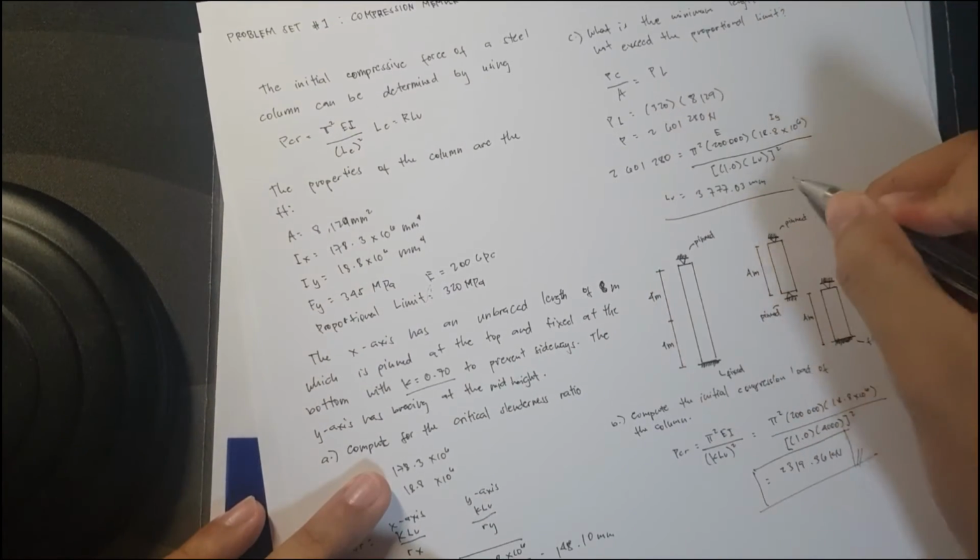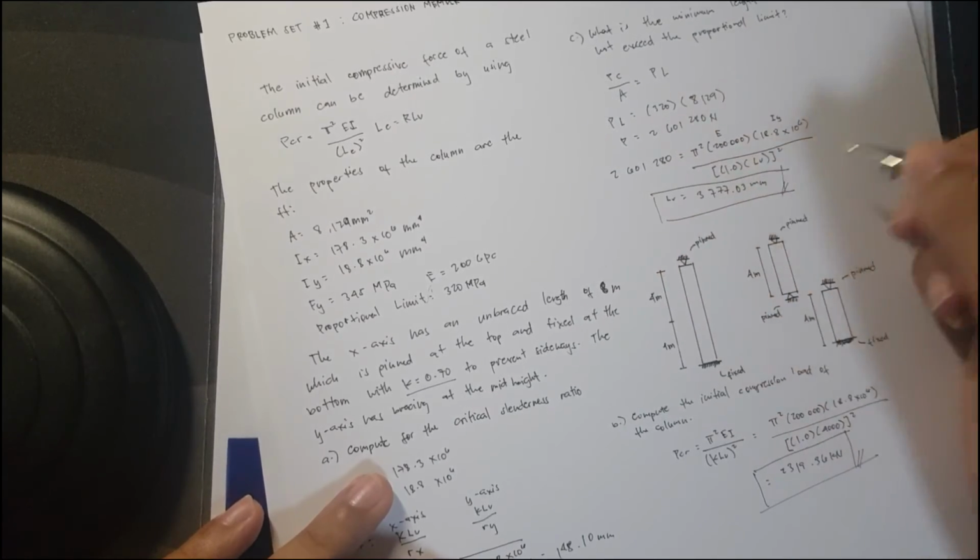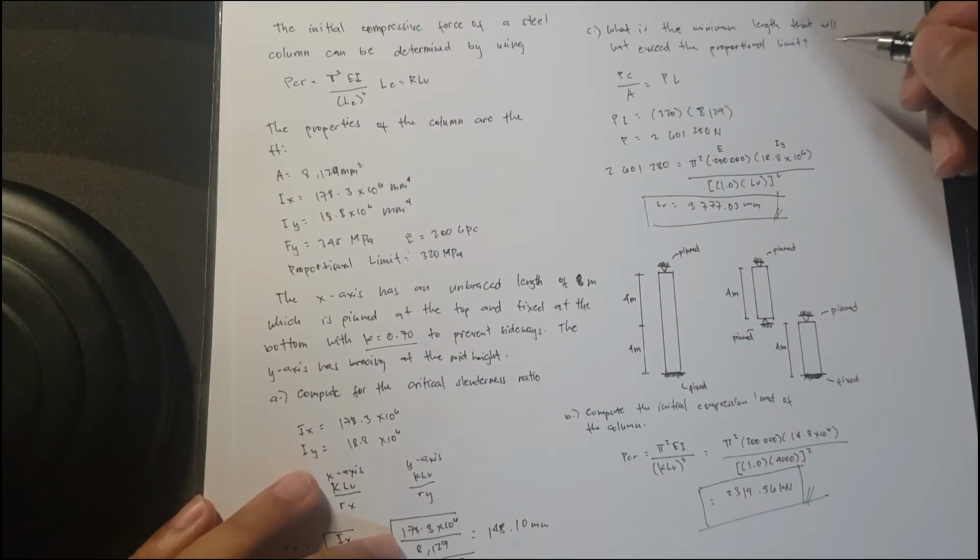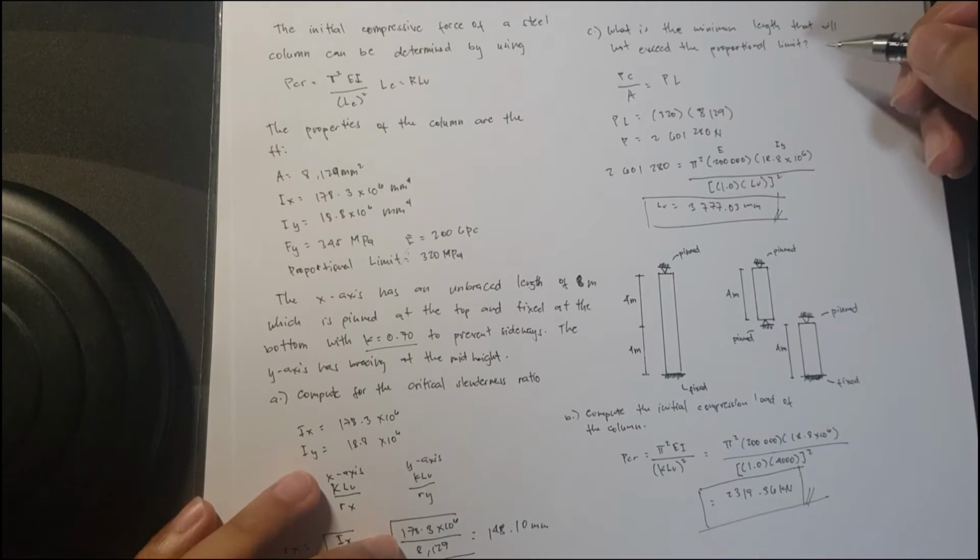So ito na yung sagot natin sa C, minimum length that will not exceed the proportional limit.